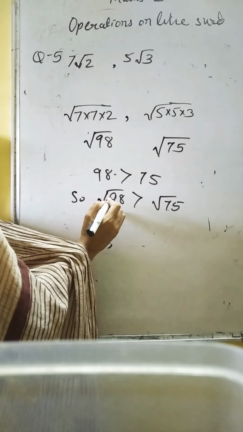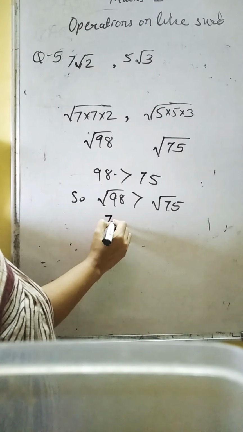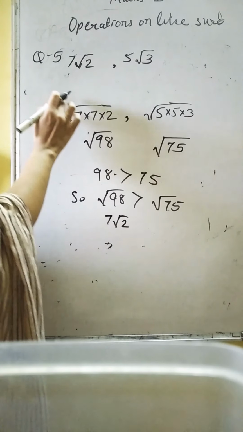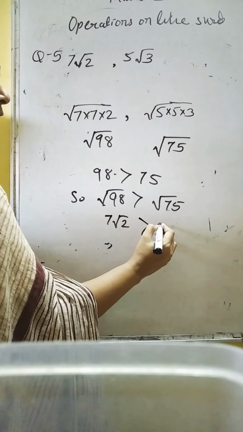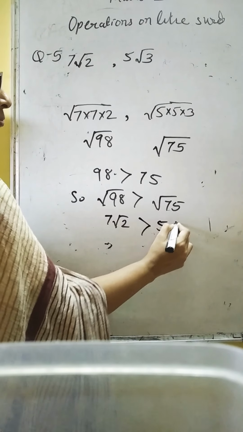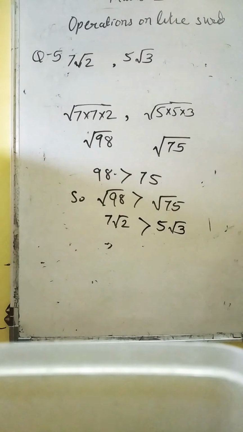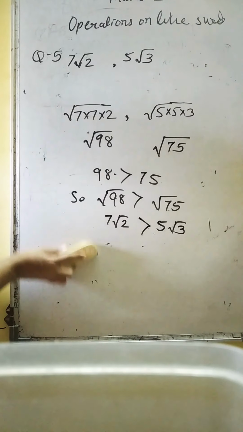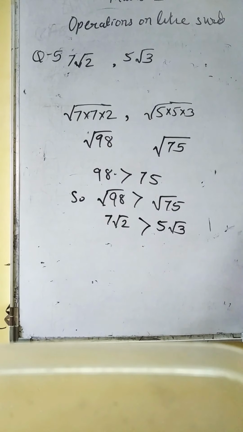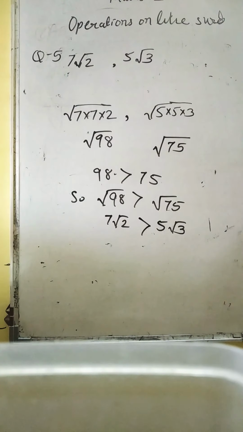But what is this? Square root of 98 is nothing but 7 root 2. इससे ऊपर ही आया था, these both were equal ना? So this is bigger than. See, are the things clear in your mind? क्या करना है क्या नहीं? ओके, क्लियर?